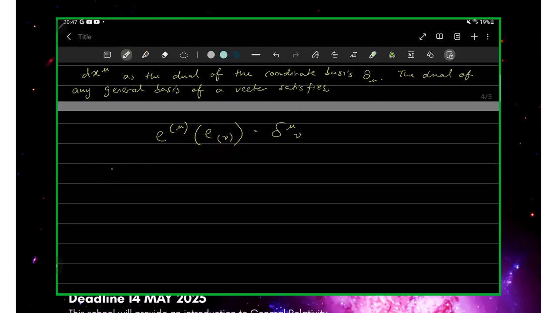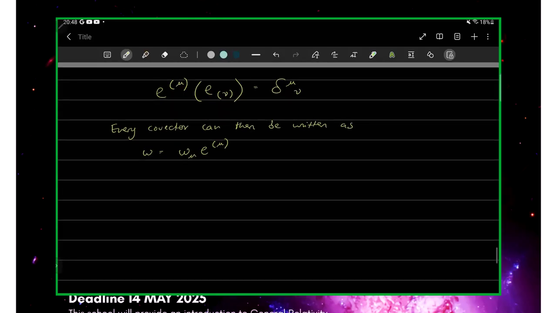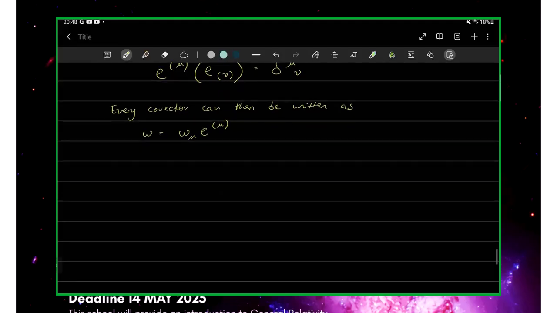And hence, every covector can then be written as omega expanded as omega_mu e^mu. Okay. So over here, omega_mu with the downstairs index is the covector component, right?